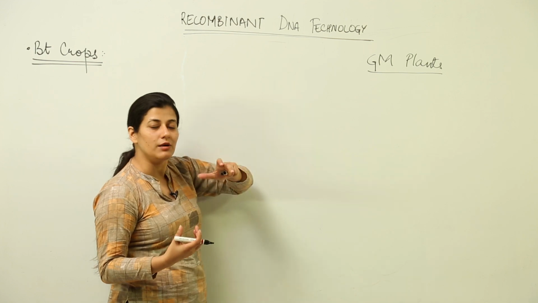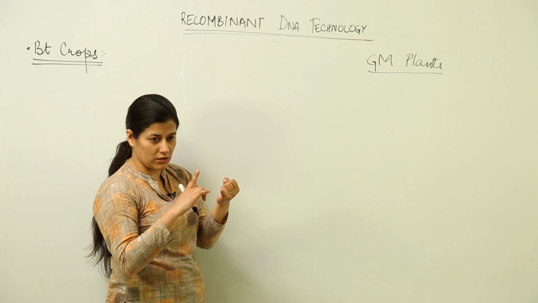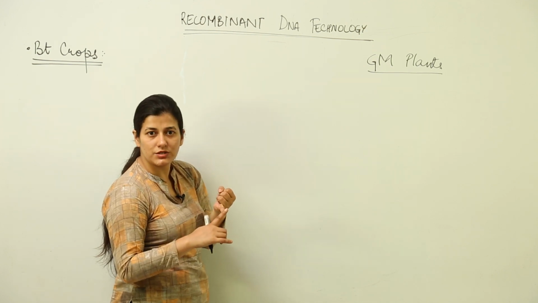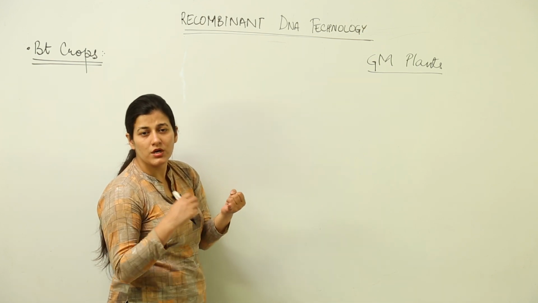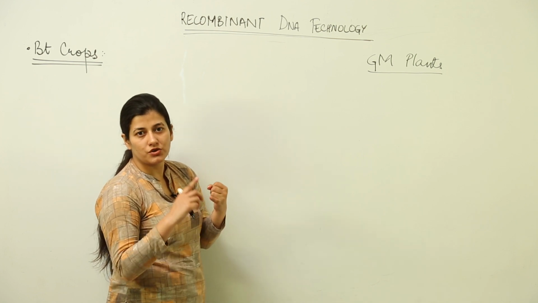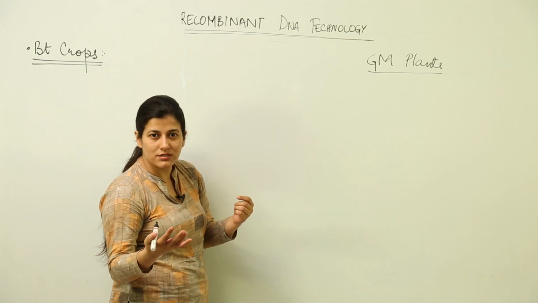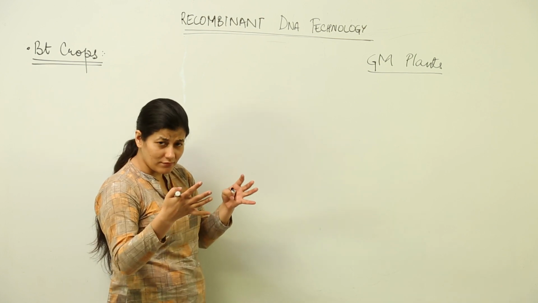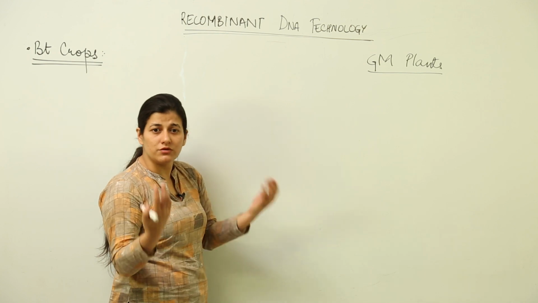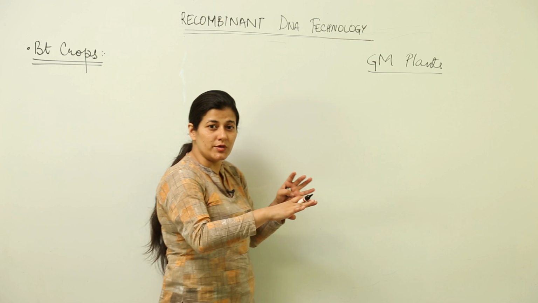Now, the aim of a genetically modified crop is that it should be able to withstand the stress conditions in which plants otherwise are not able to produce a good yield. And the second thing is that it should be pest resistant, it should be weed resistant, and many other effects which the ecosystem of a field has on that particular crop could be curtailed to a certain extent.